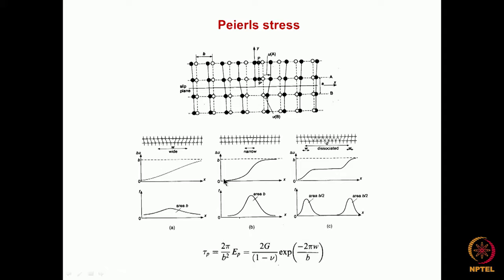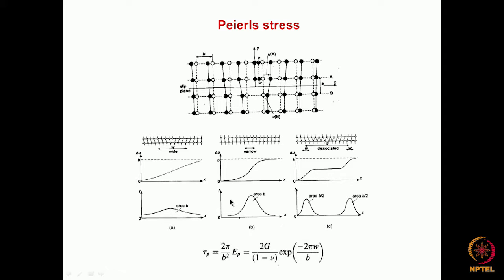That means all the change in displacement of the atoms when an extra plane has been added is confined to a very narrow region. So if you take a derivative of this, that is how sharply the displacement or the strain will be occurring within this region close to the core of the dislocation.